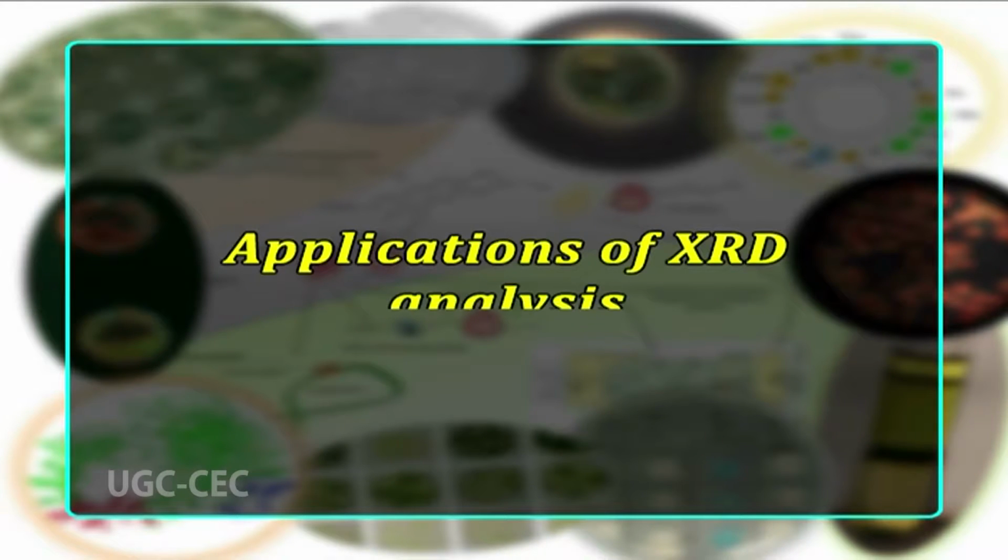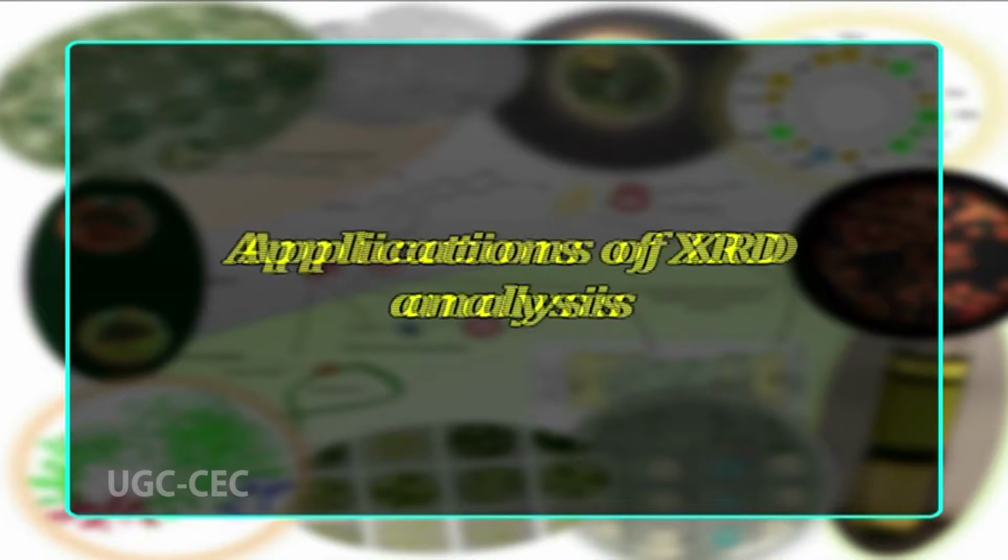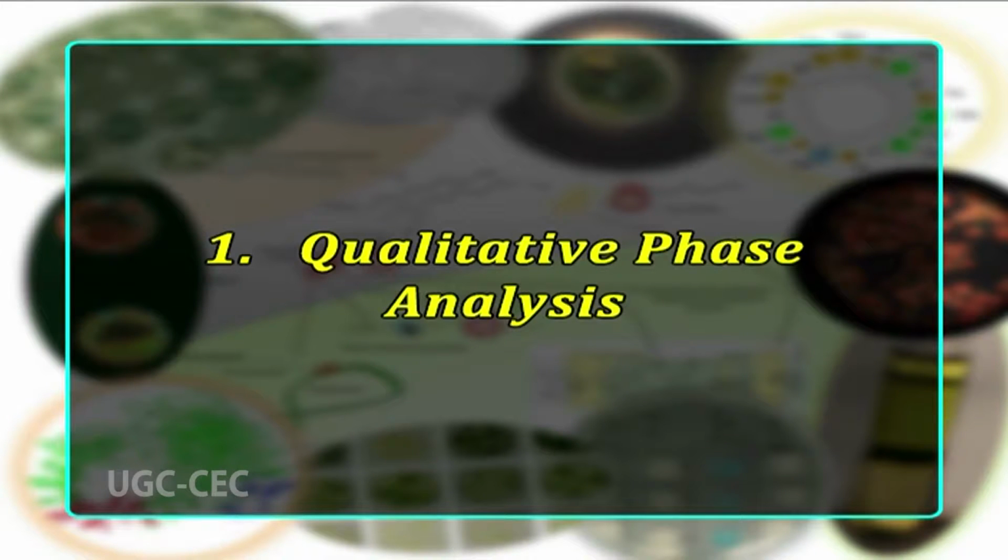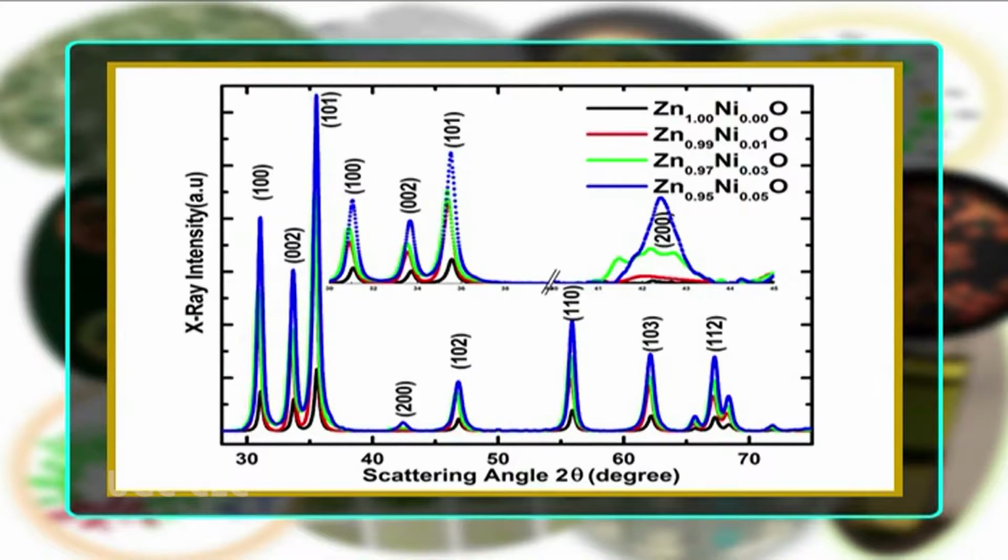Now, what are the applications of XRD analysis? First, coming to the qualitative phase analysis. Because the positions of the peaks in a powder pattern are determined by the size, shape and the symmetry of the unit cell, and the peak intensities are determined by the arrangement of the atoms within the cell, the powder pattern is a characteristic fingerprint of a phase.